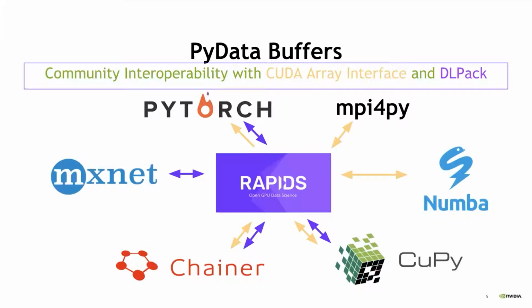This is possible by using some community protocols called CUDA Array Interface and DLPack. Both of these protocols allow us to move data back and forth without any copying, so a zero-copy format, which allows us to interact efficiently with all these libraries without copying data over and over again.